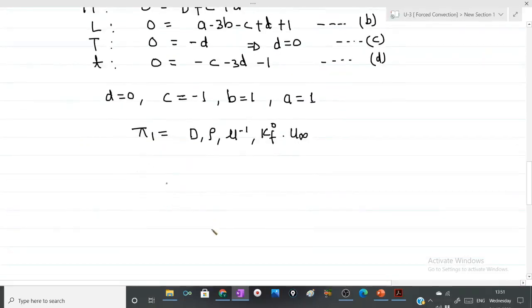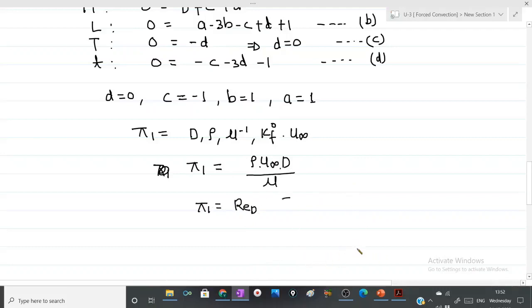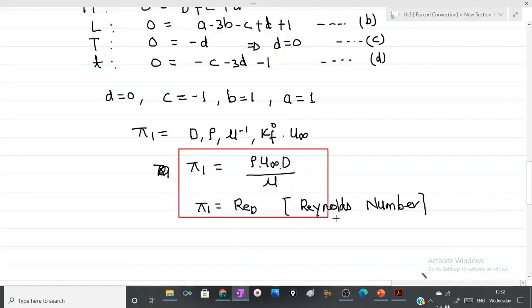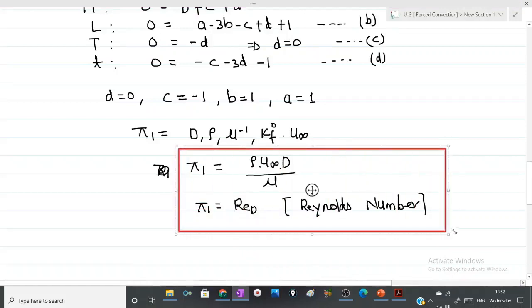So combining all these terms will give me the pi 1 term as rho u infinity d over mu. And if we closely observe, rho u infinity d over mu is nothing but the Reynolds number. These are the values of the pi term.